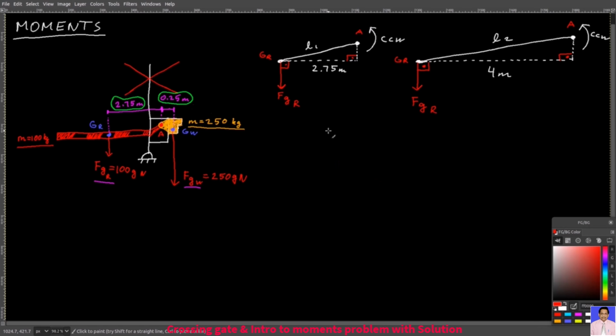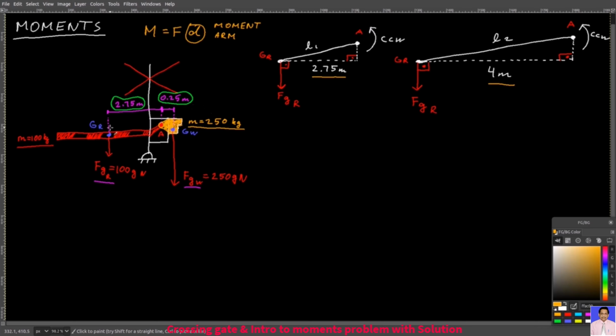And so this tendency of rotation can be quantified, and we do it with moments. This is the definition: M, which is moment, equals F times D. F is force, and D is the perpendicular distance, or in other words, the moment arm between the force and the point you're measuring your moment about.